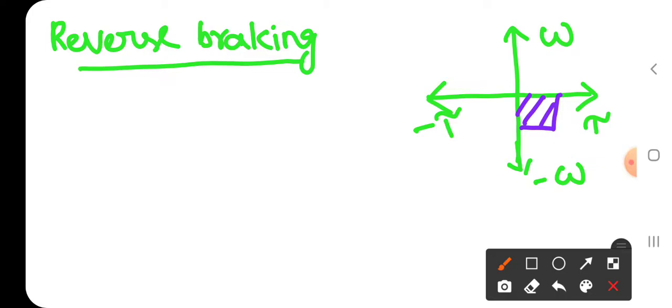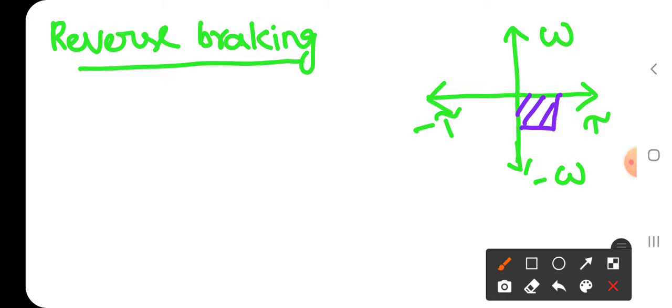In the fourth quadrant, torque is positive, omega is negative. That means the torque is in the clockwise direction, but the motor is rotating in anti-clockwise direction. So here also the positive converter is operating as inverter and the negative converter is operating as rectifier. Here also the voltage applied to armature is positive.